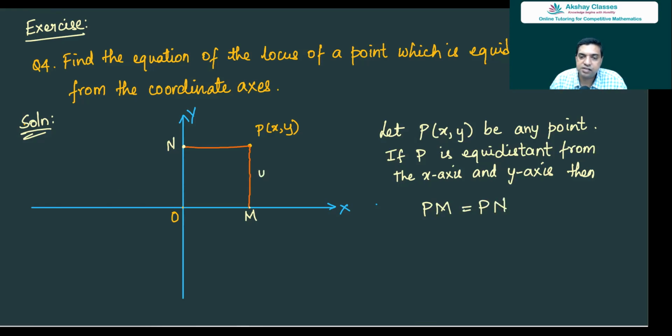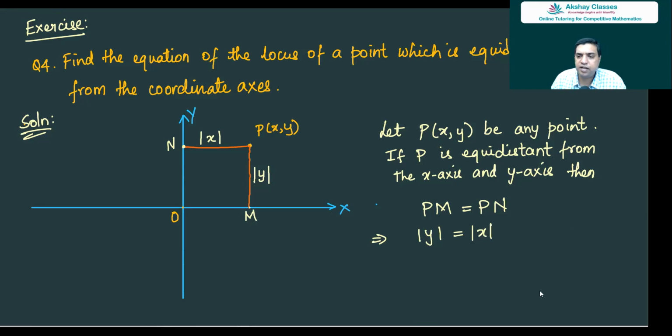Now this distance is the y coordinate. This distance is the x coordinate. Of course, if the point lies in the negative quadrants, then this distance remains positive, right? So we have to take modulus. So we get mod y is equal to mod x.